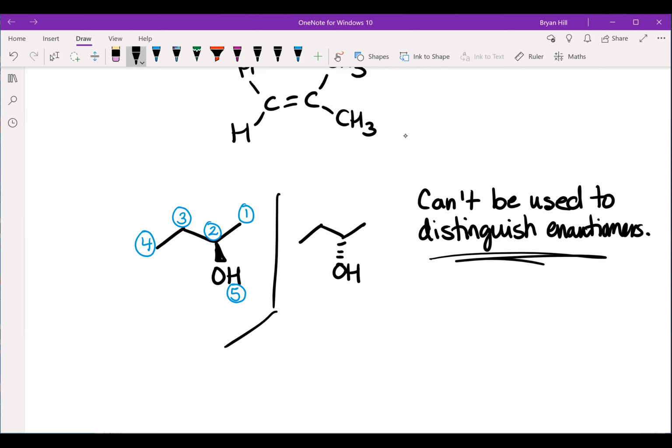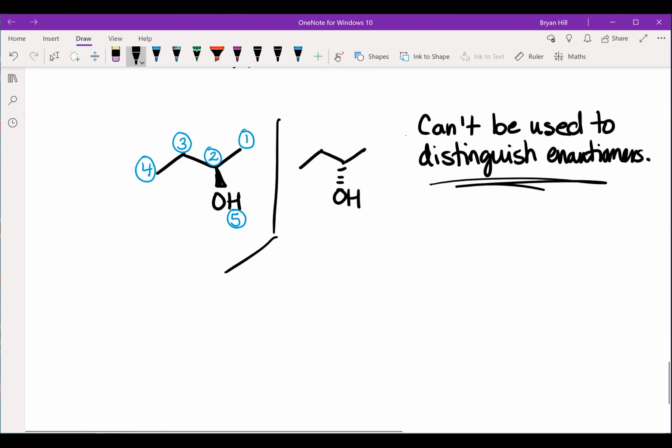Two enantiomers in a bottle will have the same proton NMR, unless you're doing a special experiment, which includes using a chiral solvent or a chiral derivatizing agent. But for a simple proton NMR, it can't be used to distinguish enantiomers.